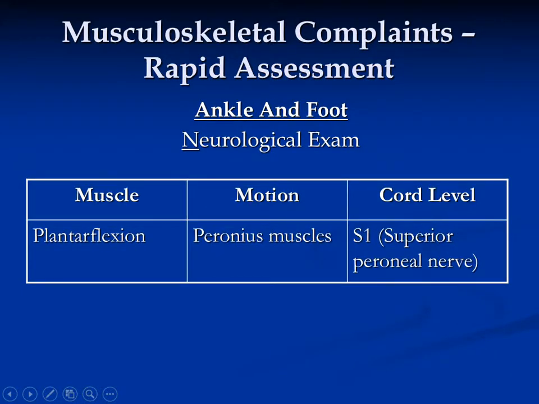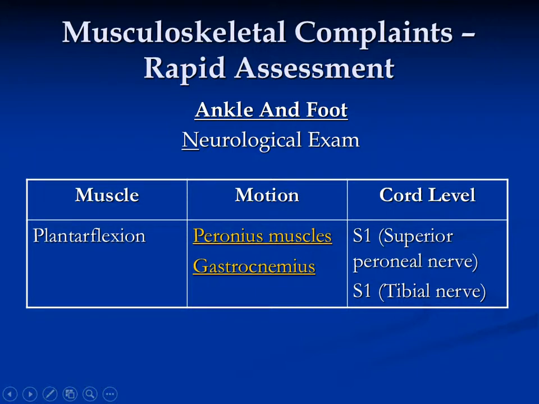Plantar flexion is accomplished by the peroneus muscles through the superficial peroneal nerve S1 and gastrocnemius through the tibial nerve.